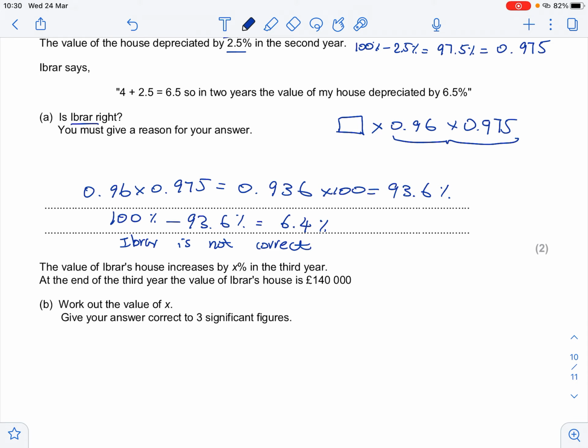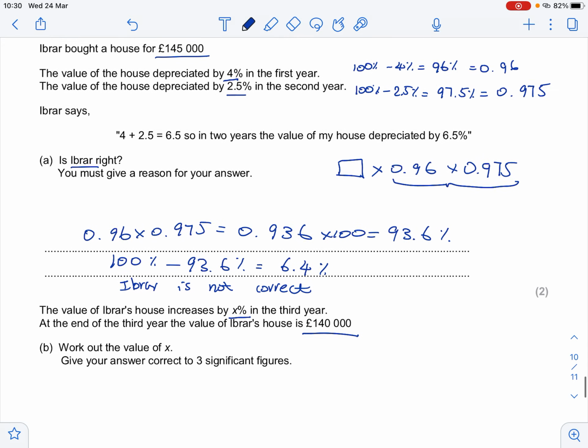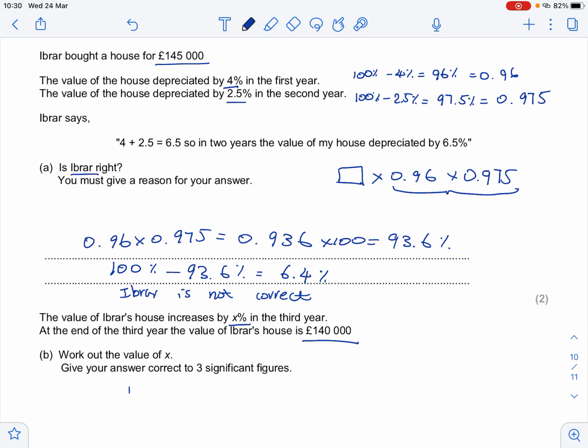The value of Ibor's house increased by this amount in the third year. At the end of the third year, the value of Ibor's house is this amount. Work out the value of x. We just worked out Ibor's house is 145,000.